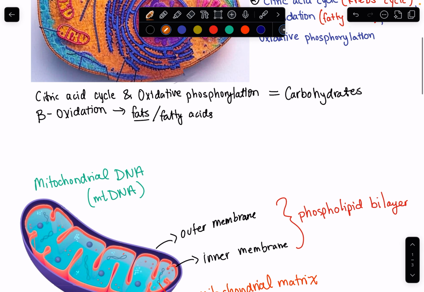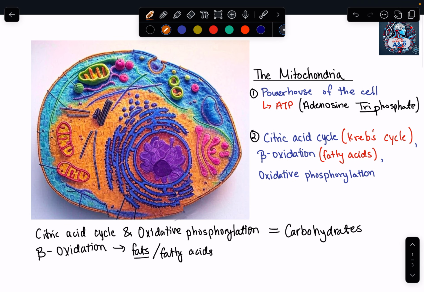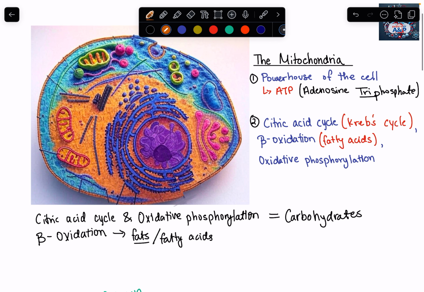So this is a really, really broad and simplified explanation of the mitochondria. We covered the various components and the functions that the mitochondria is responsible for, especially its function as the energy producer. And the energy molecule is known as ATP, otherwise known as adenosine triphosphate. We also talked about the three different forms that we can produce energy, requiring two different types of macromolecules, carbohydrates and fatty acids or fats.